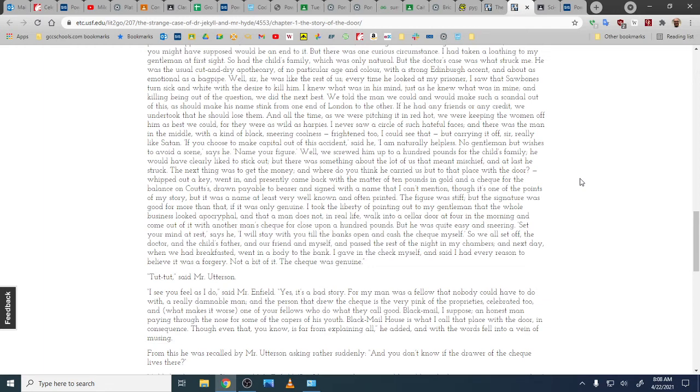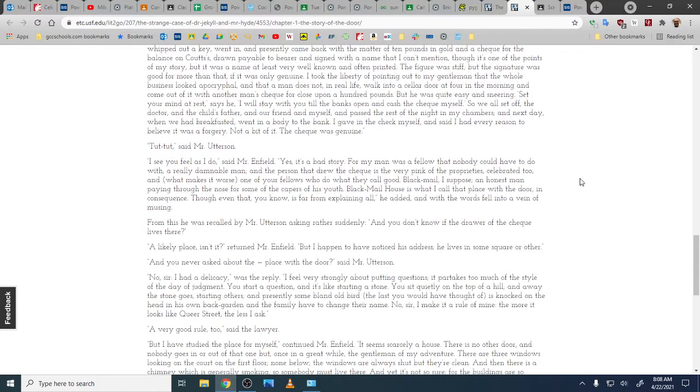"Tut, tut," said Mr. Utterson. "I see you feel as I do," said Mr. Enfield. "Yes, it's a bad story. For my man, it was a fellow that nobody could have to do with, a really damnable man. And the person that drew the check is the very pink of the proprieties. Celebrated, too, and what makes it worse, one of your fellows who do what they call good.